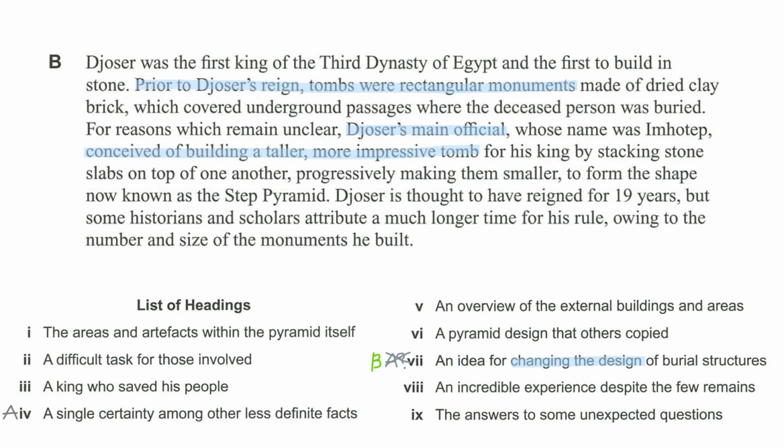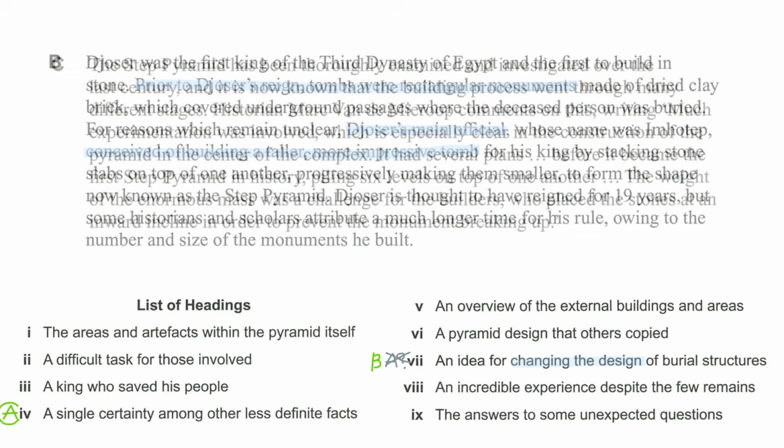So the answer is B7. And this means that we can exclude this option from A. And now we can say that the header for the first paragraph is not number 7. It must be number 4. A4. Here is the next question.